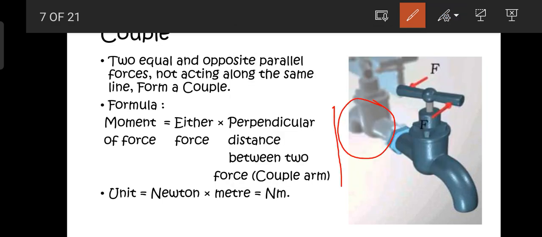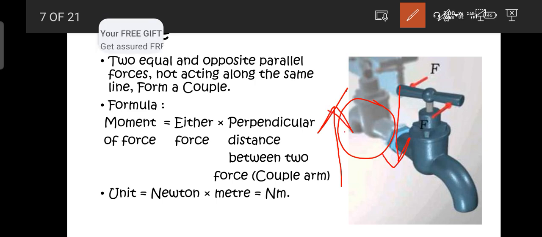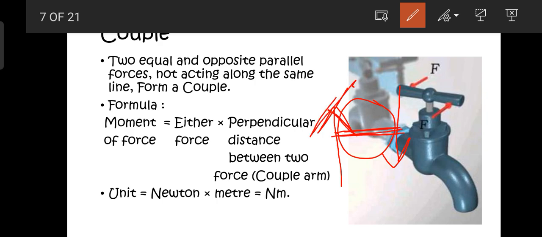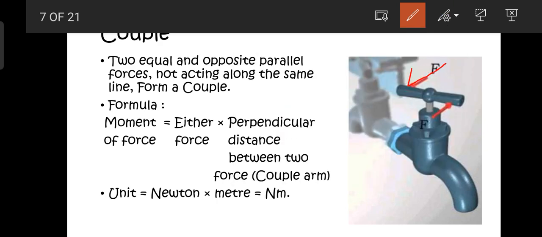So, two equal forces, opposite and parallel, form a couple. In this example, we put one force from here and another from here to close.